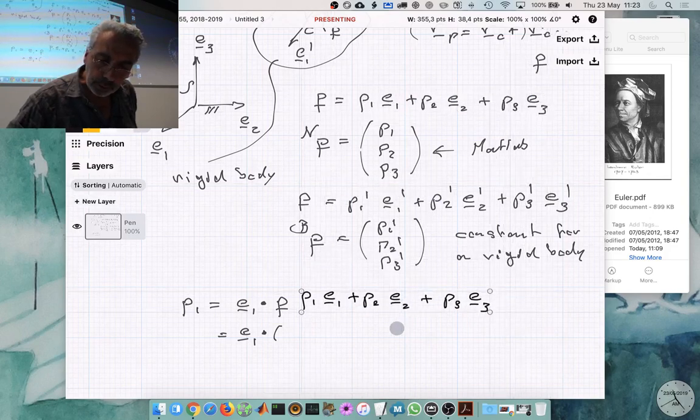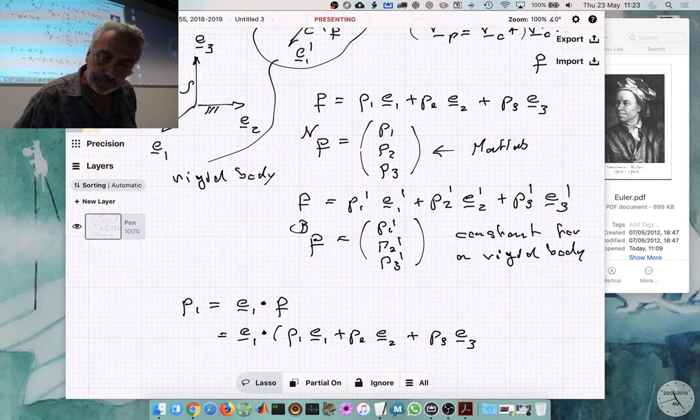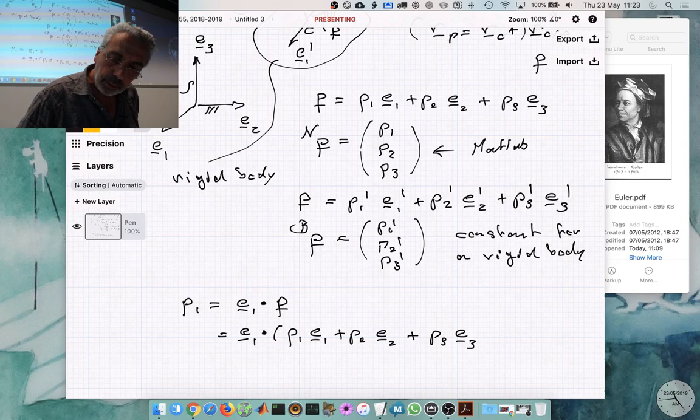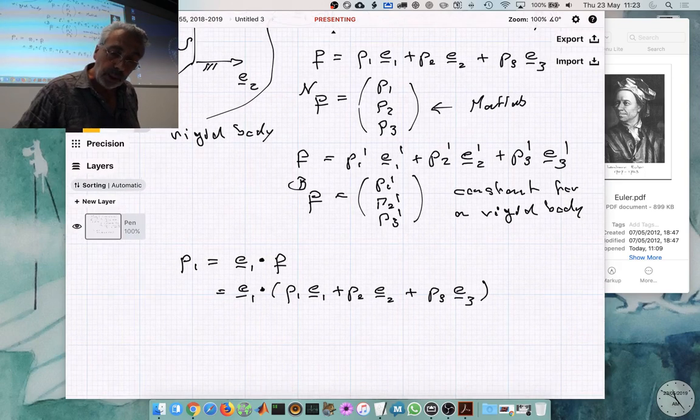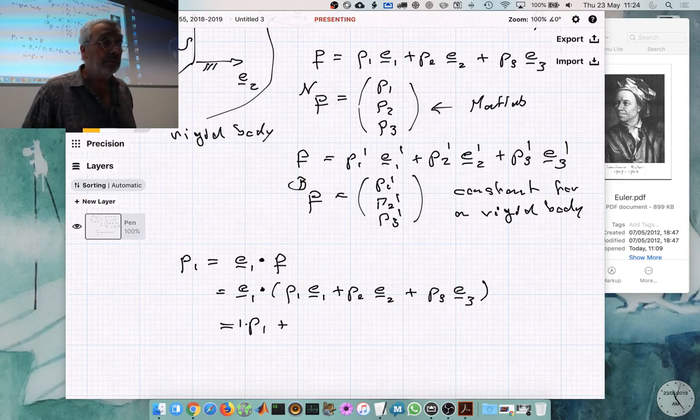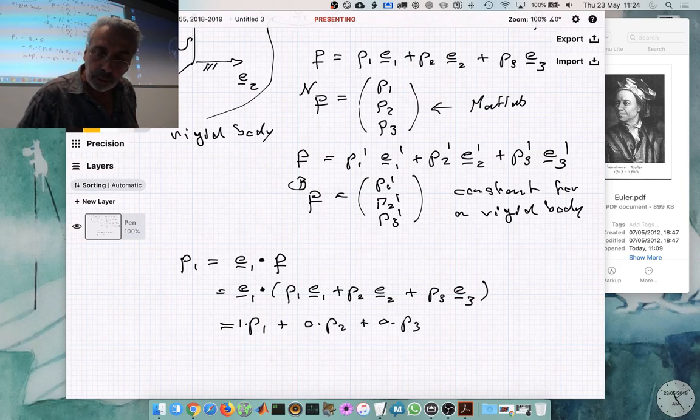So we write it here in the equation, and then we have to take all the dot products. So this dot product, this dot product, and this dot product. But of course, the dot product of E1 times E1 is 1. So it's 1 times P1 plus, and the dot product of this one is 0. They're orthogonal. So 0 times P2 plus 0 times P3.